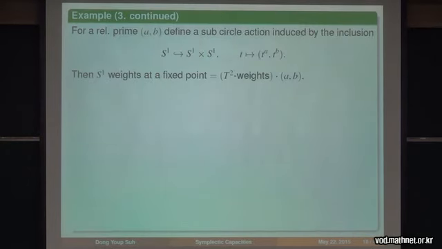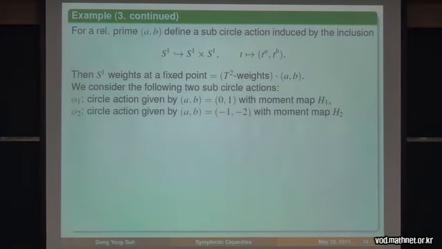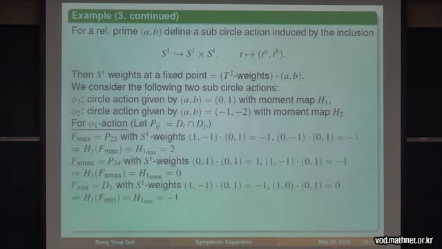So for relatively prime real A, B, this defines a subcircle action induced by the inclusion of S1 into S1 times S1 by t to the A, t to the B. Then the S1 weight at a fixed point is the T2 weight dot product with (A, B). So we consider the following two subcircle actions that I mentioned before.